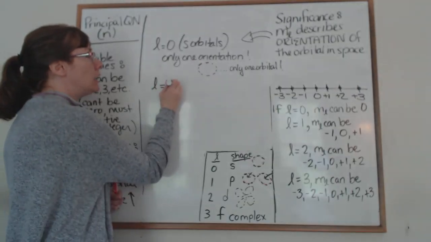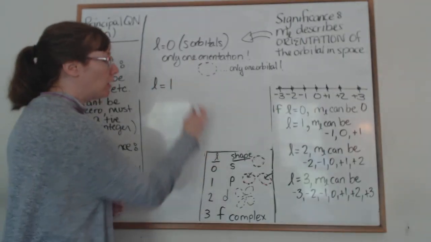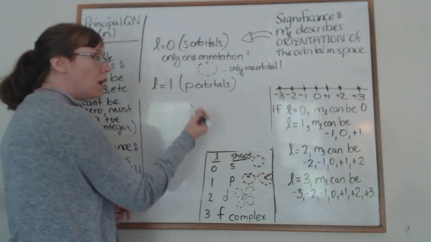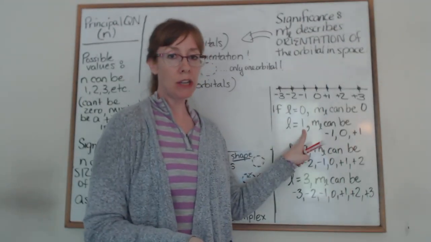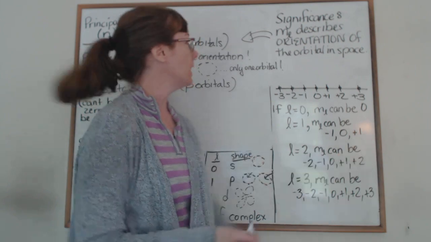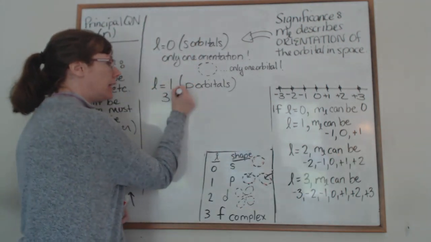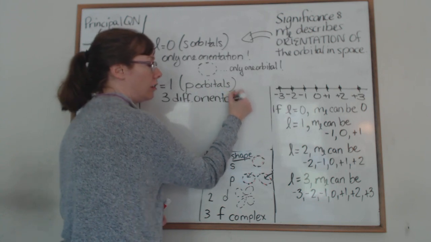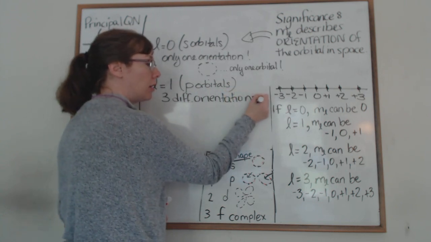However, when L is equal to 1, which is what we call p orbitals, when L was equal to 1, there were actually 3 different orientations that they came with. So there are 3 different orientations for these p orbitals.